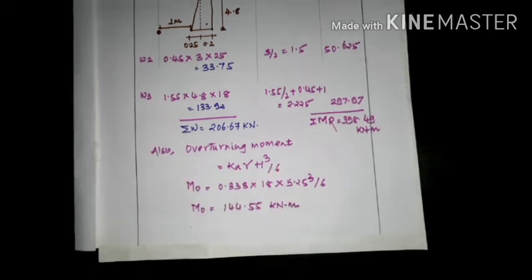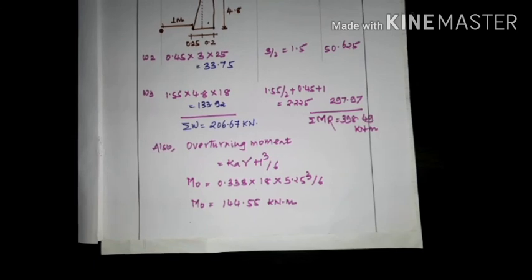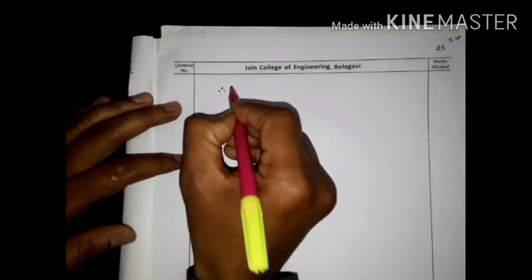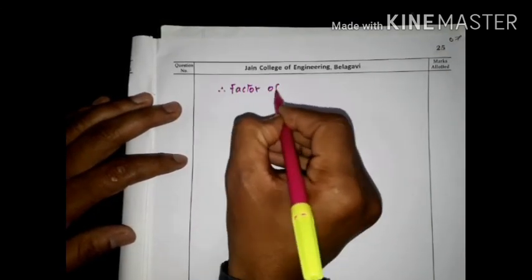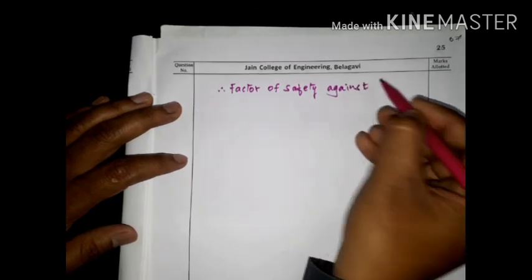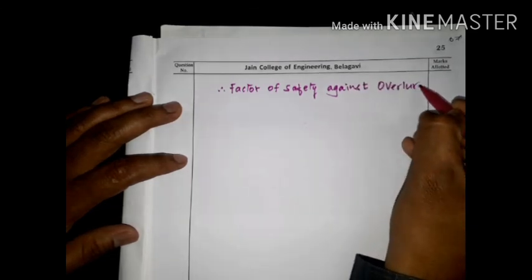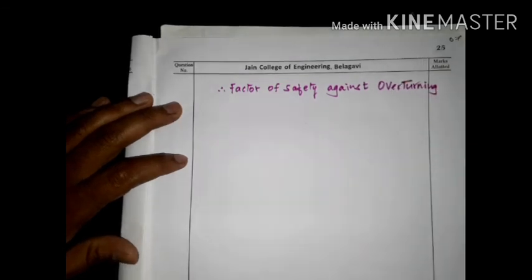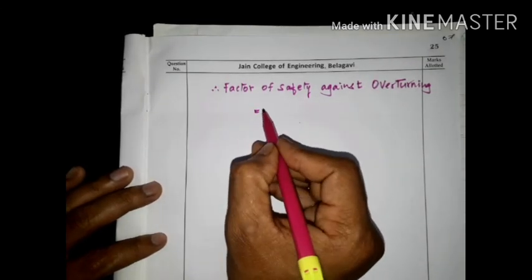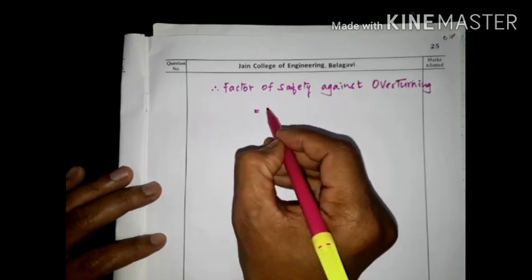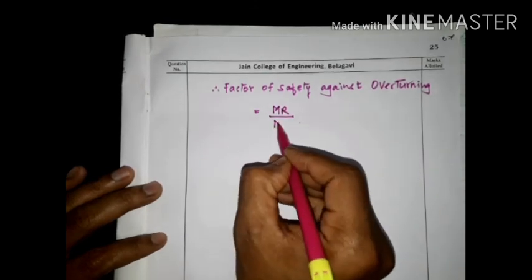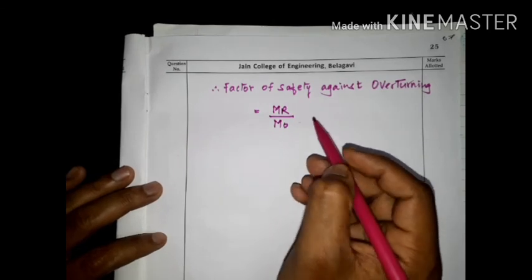Okay, so next is factor of safety against overturning, which will be calculated by resisting moment MR divided by overturning moment MO.